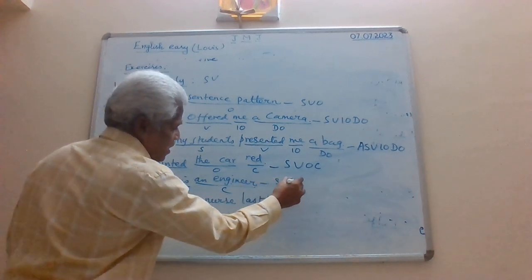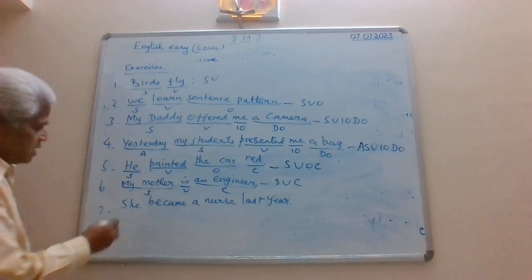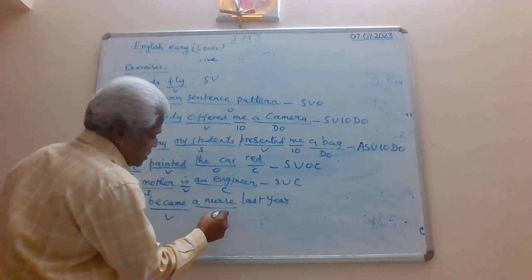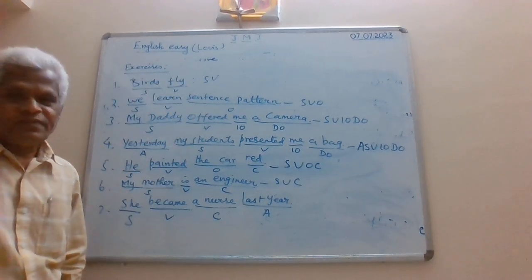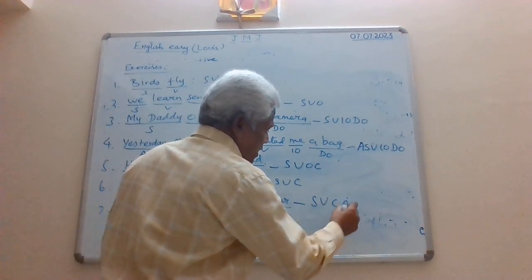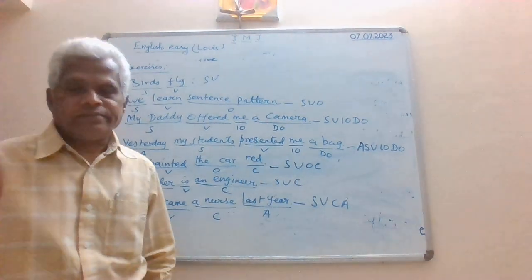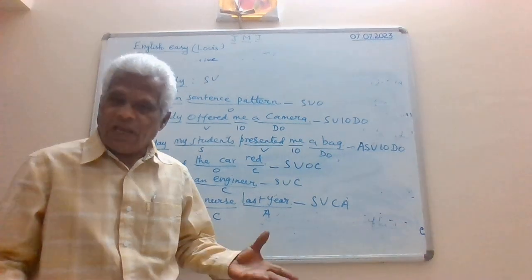And this is an example for SVC. And the last one there. She is your subject. Became is your verb. Nurse is your complement. Last year is an adjunct. So the pattern of the sentence is SVCA. So more or less I have given examples in all the patterns.